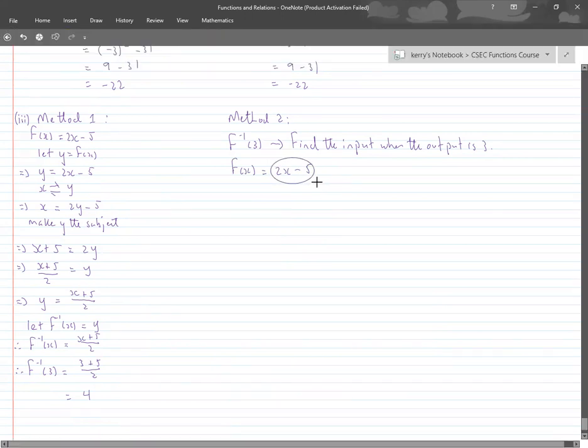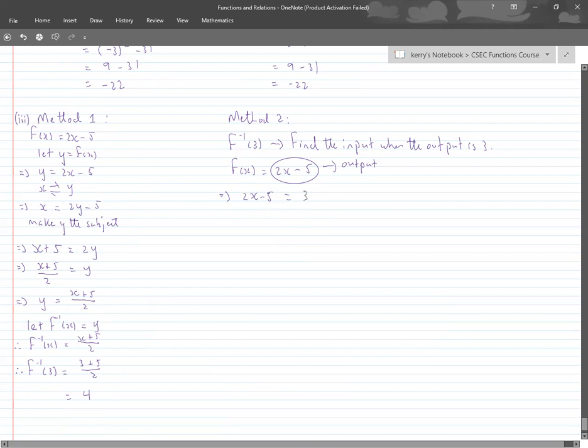So if this thing here is the output, because that gives us how to find the output, they are telling us here that the output is 3. So this implies that 2x minus 5 is equal to 3. And now we just have to solve for x, because in this case, x is the input.